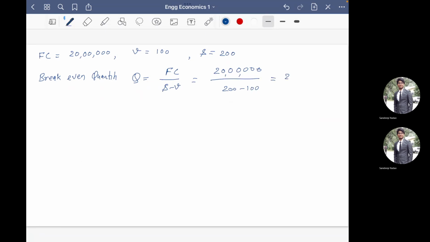That will be 20,000 units. Now Q will be 20,000 units. That is our first answer.